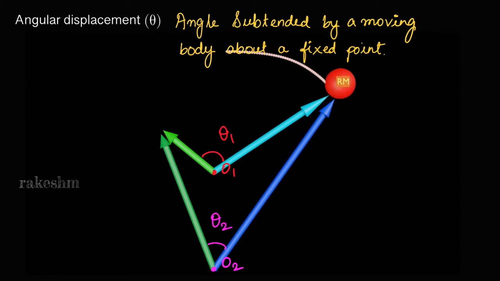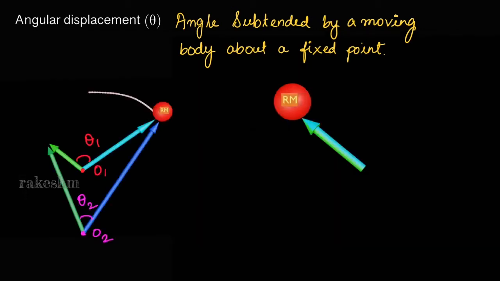So we can say here that the angle subtended by this moving body with respect to this fixed point O1 is theta 1, and with respect to another point O2 is theta 2. So we can conclude that angular displacement depends on the choice of fixed point in the plane. If you take different points, the angular displacement of a moving body will be different.